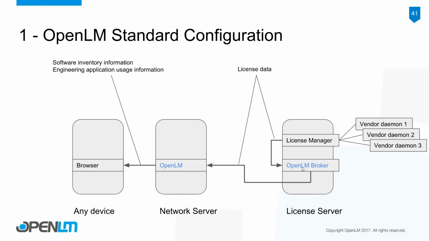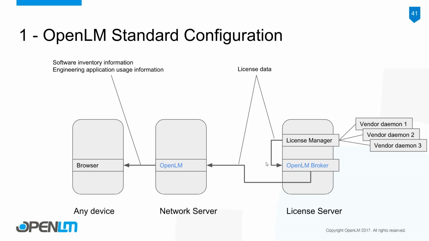On the right, you can see that your license server has a license manager, and on it a few vendor daemons. Vendor daemon can be the application vendor itself, Autodesk, Esri, and so on. So you install a component on the server called the OpenLM broker, which receives license inventory and usage data from the license manager.